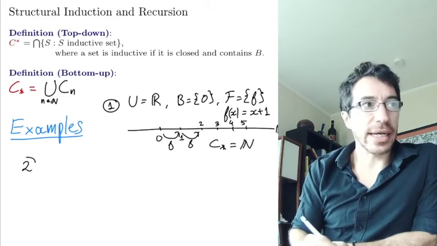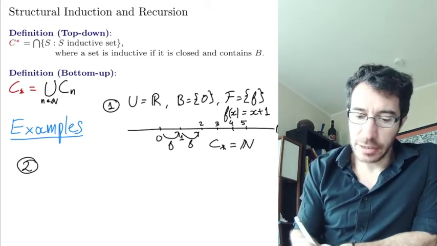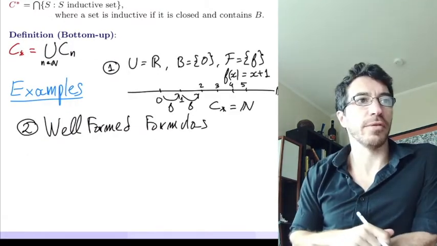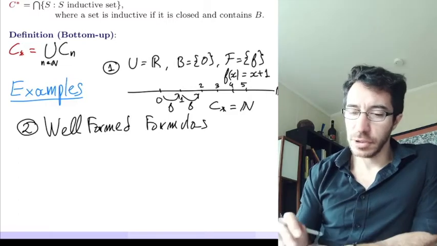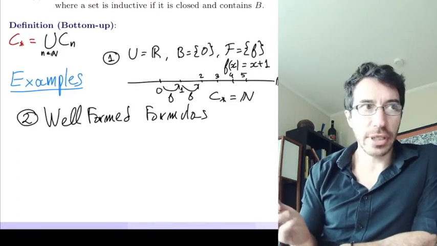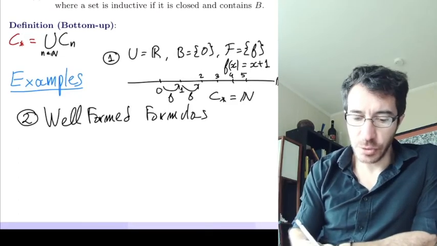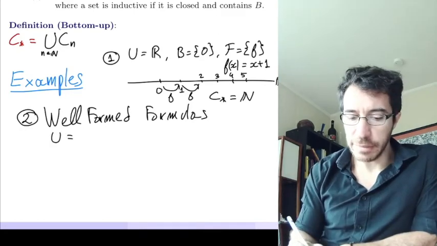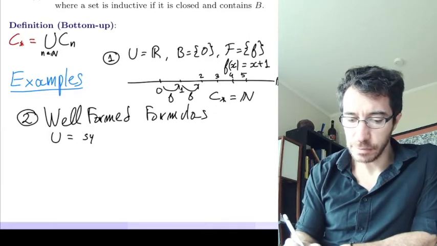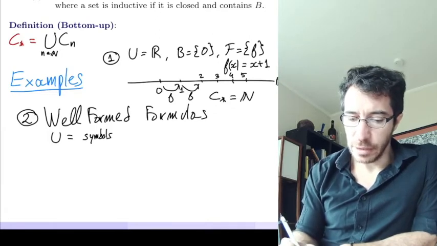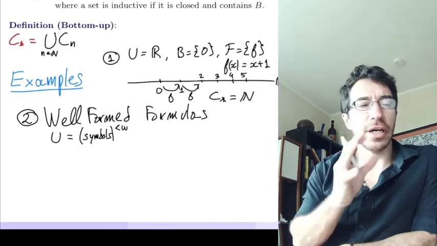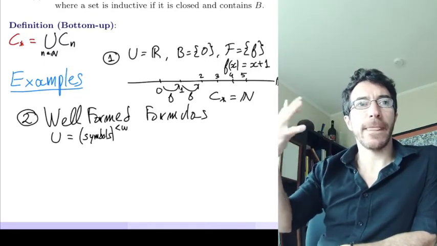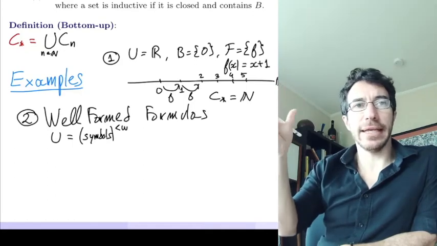Let's look at another interesting example, which is the well-formed formulas of sentential logic that we saw so far. And so in this case, what is going to be our setting? So U is the set of all the strings that you can build with the symbols. Let's remember all the symbols. You had all the variables, A1, A2, A3, etc., the connectives, and the parentheses.